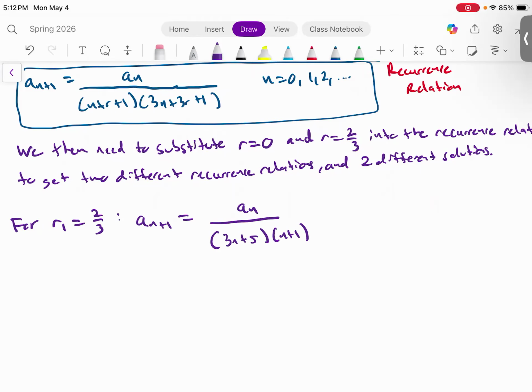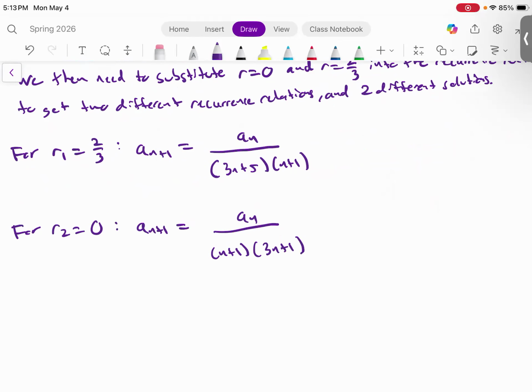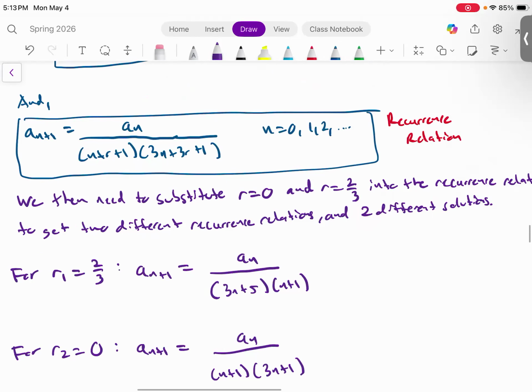Okay, so that's what I would get when I plug in R equals 2/3. And for R2, we'll make that just a 0. I'll get an plus 1 equals a sub n all over n plus 1 times 3n plus 1. Doing the math in my head, sorry. Okay, so I'm just plugging R equals 0 into this.